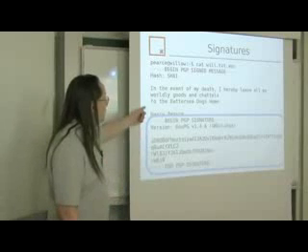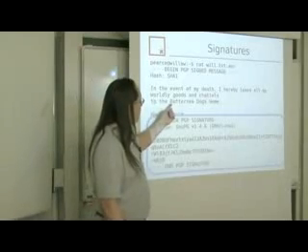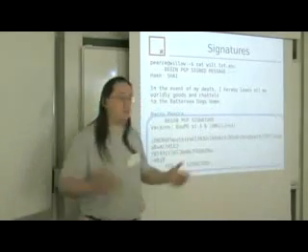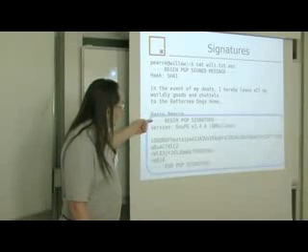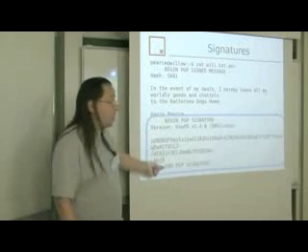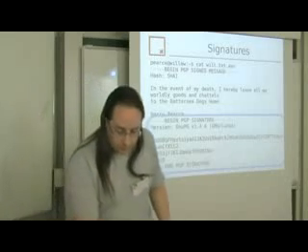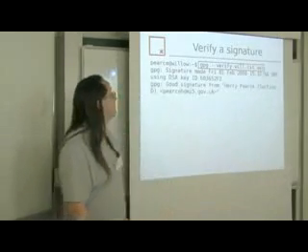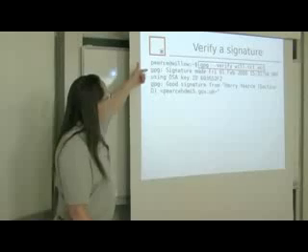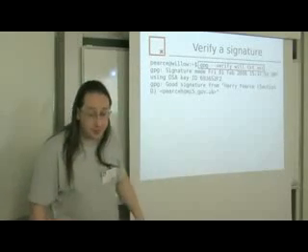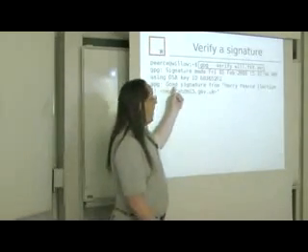So if somebody gets hold of this, even though they can still read it, if they change it to give all their worldly goods to somebody else, then anyone who reads it can check the signature and say, hang on a minute, that's been changed. The way you do this, very simple, GPG --verify. In this case, the signature's good. I don't think I've got an example of a bad signature, but basically it says bad signature from.